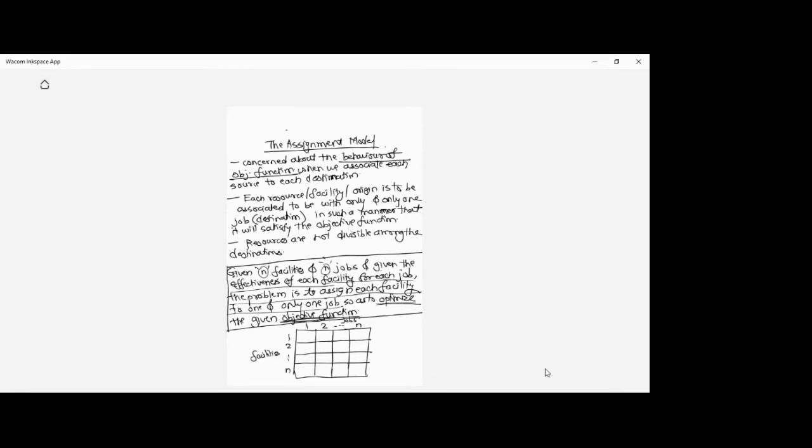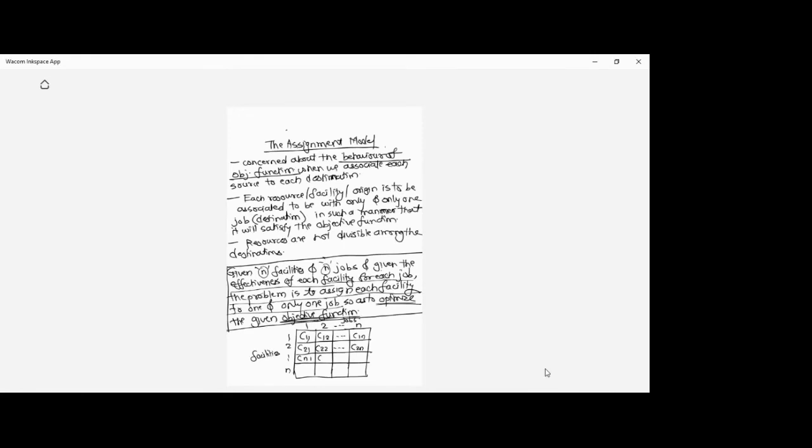So we know that the effectiveness of each facility with each job is known to us, and we can represent it as C11, C12, C1n, right? So facility 2 with respect to all jobs and its effectiveness is known. So C21, C22, C2n, right? Similarly for facility n, we have Cn1, it is not N1.